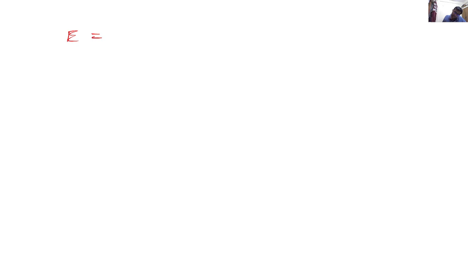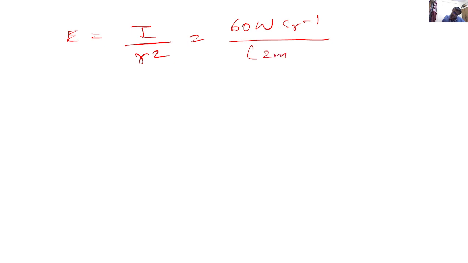So E is equal to I by R square, which comes out to be 60 watts per steradian by 4, that is 15 watts per meter square. So that's the storyline.